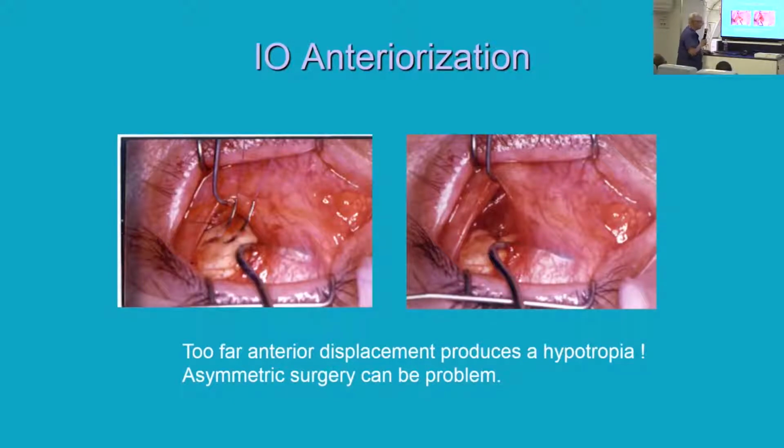One of the things that's also an issue is that whenever you reattach the inferior oblique, you want to keep it relatively close to the insertion, the lateral margin of the insertion. You don't want to displace it too laterally from there. Otherwise, it can give you other effects of actually not functioning as well as an elevator and producing more of a depressor, and it can negate some of the effect that you're looking for.